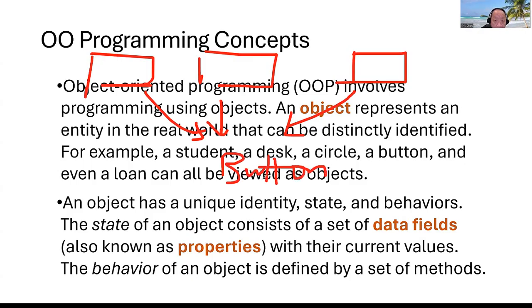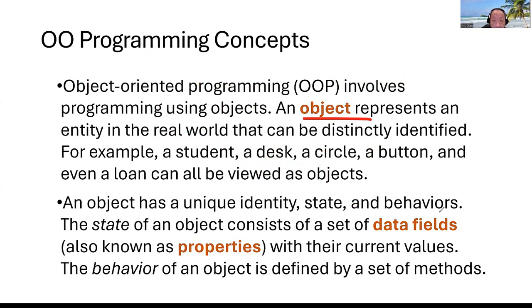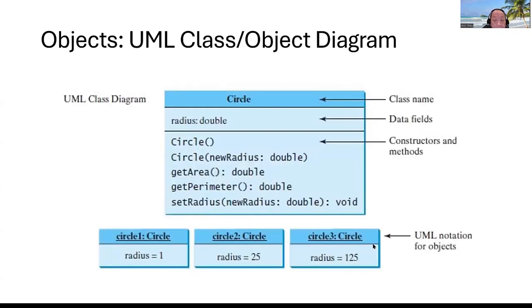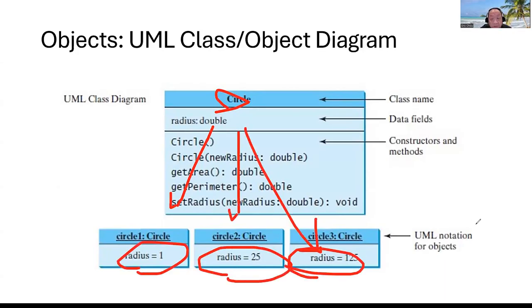The button class is a class to create multiple buttons, and each object is a button. Here we have a class called circle, and the circle class can create circle 1 object, circle 2 object, circle 3 object, and each one has its own radius.